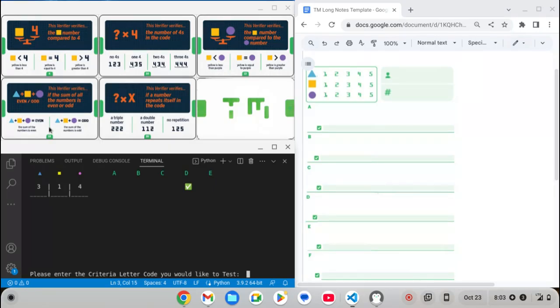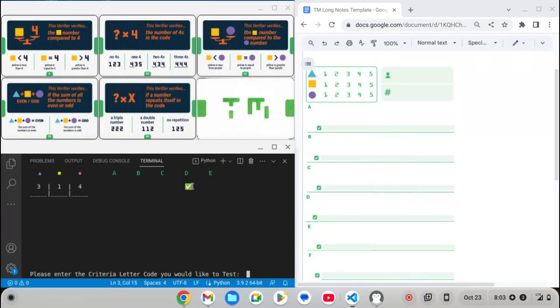Notice that we are adding the 3 digits together. So let's go ahead and do that. So 3 plus 1 is 4, and 4 plus 4 is 8. That is an even quantity, and yes, the Turing Machine does approve of that.